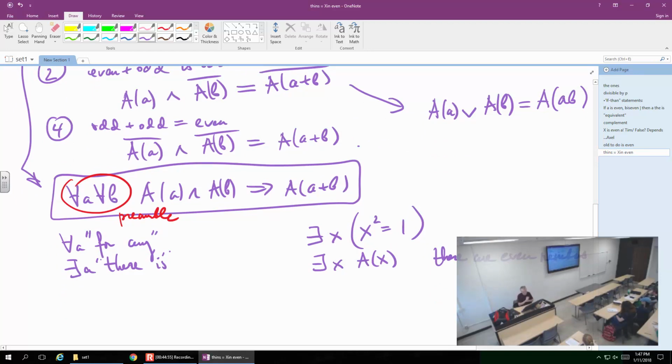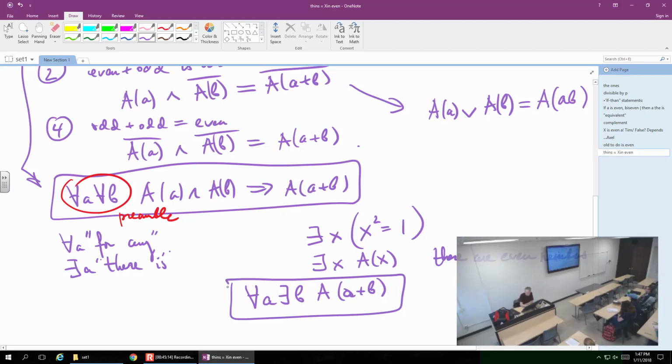Let me do a combination which is slightly more interesting. How about this? For any A, there is a B such that A plus B is even. Can you translate this?